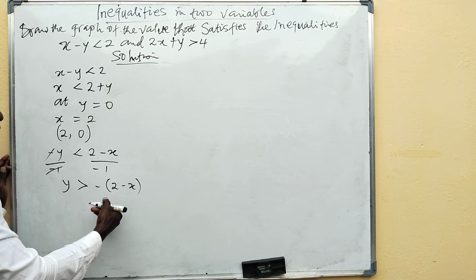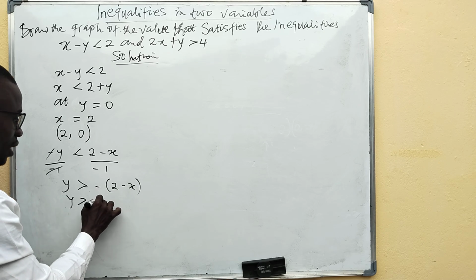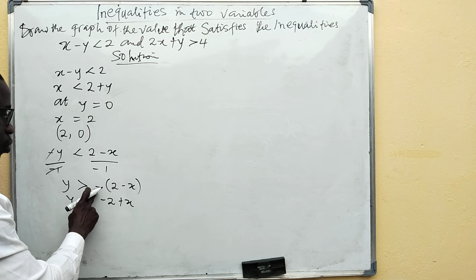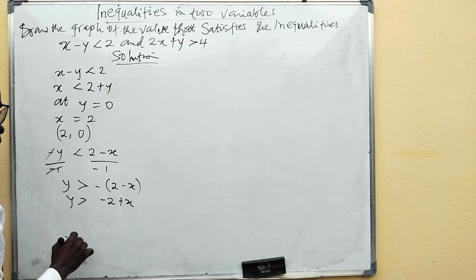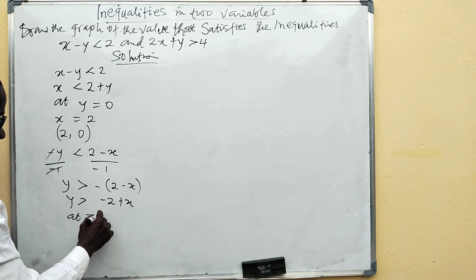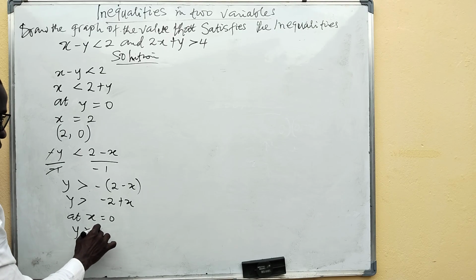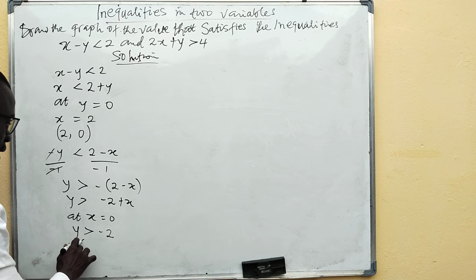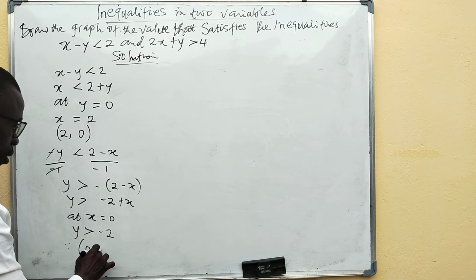If you open the bracket, y is greater than minus 2 plus x, since minus times minus is plus. So at x equal to 0, y will be greater than minus 2. Therefore, the point now is x is 0, y is negative 2.